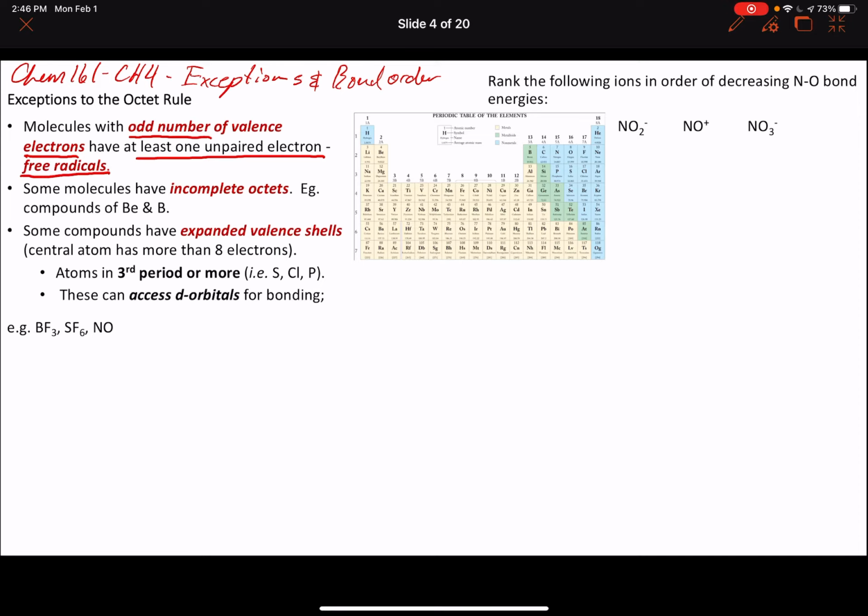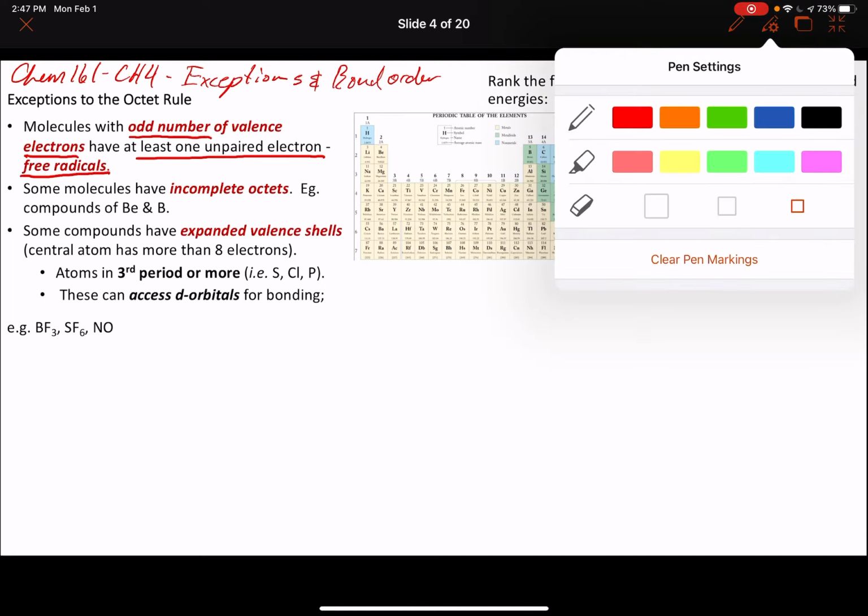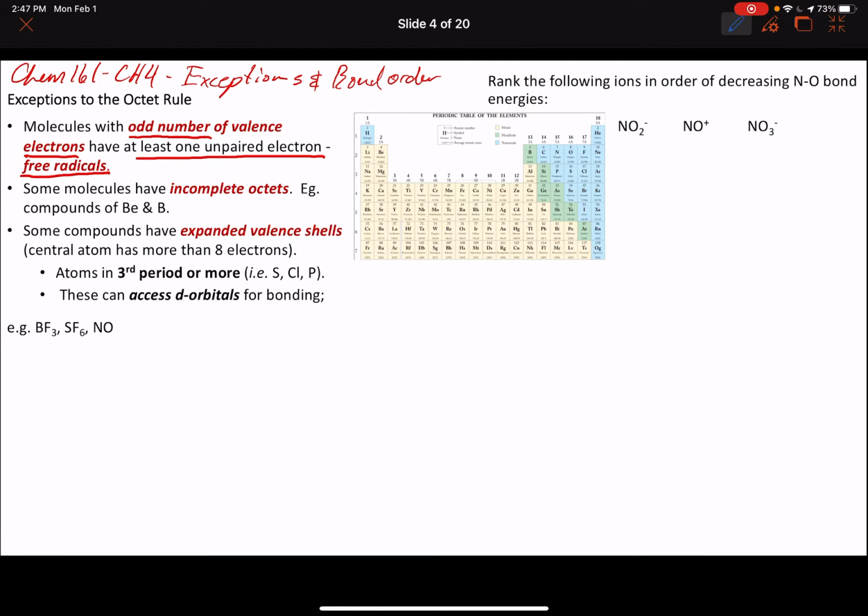To help us with that, we will work with the Lewis structures and equate the type of bond, single, double, or triple, to bond energies. So let's begin by looking at the examples and look at each of these to begin with.